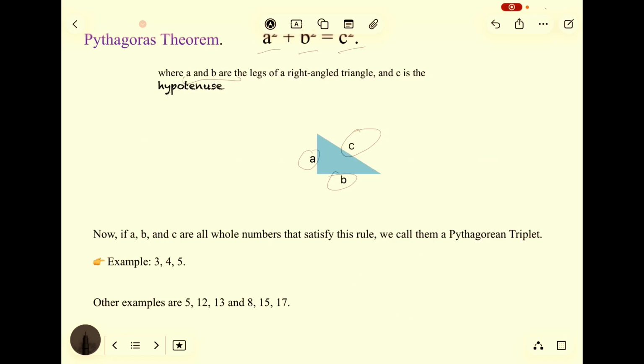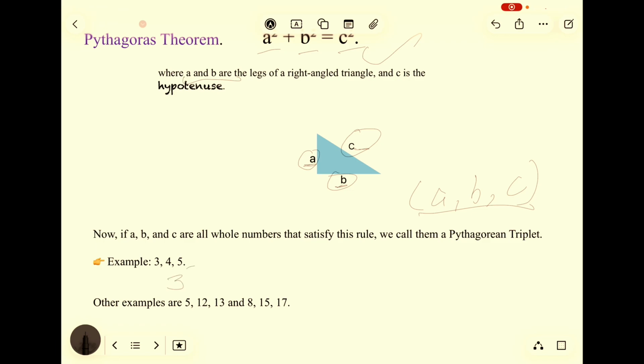Now, what is a Pythagorean triplet? If three positive integers a, b, and c satisfy this Pythagorean theorem, then the set of a, b, and c is called a Pythagorean triplet. For example, 3, 4, and 5.